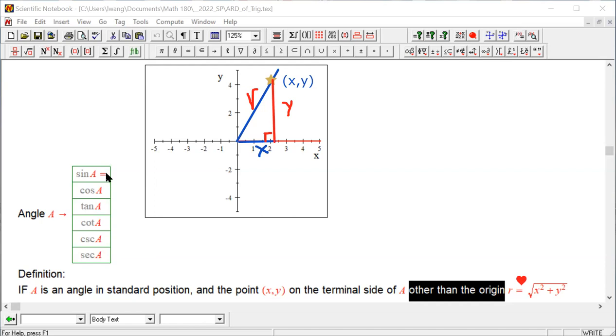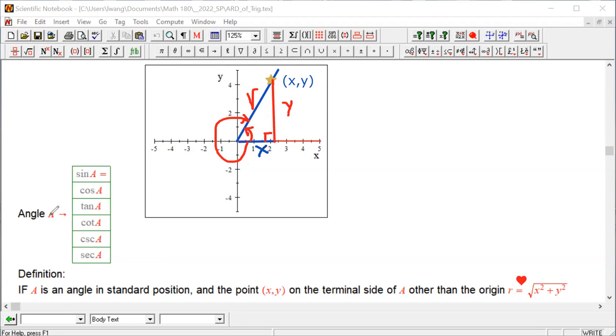So the sine of the angle, the angle right here. In fact, this angle is not unique. You could measure counterclockwise, or clockwise, and you can go around and around many times.